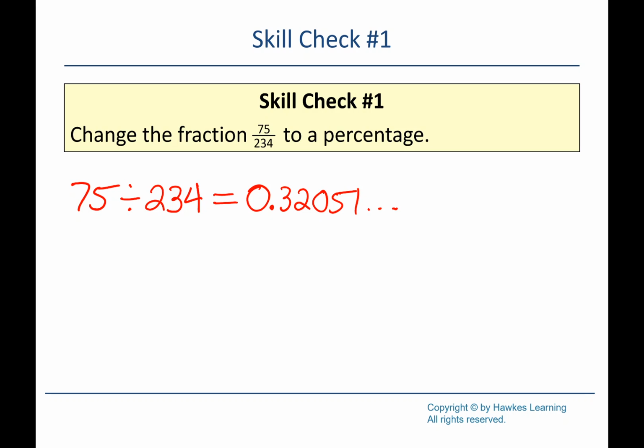And then either think about multiplying by 100 or move the decimal place 2 places. This one, it doesn't tell us how to round here, so I'm gonna call that about 32%. Maybe you say 32.1% if you wanted to round to one place.